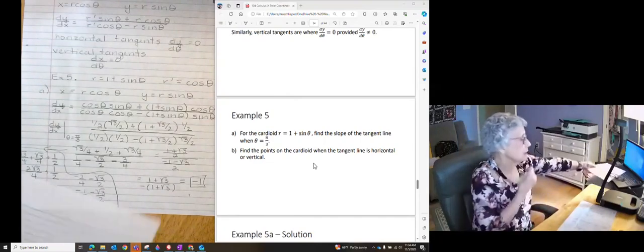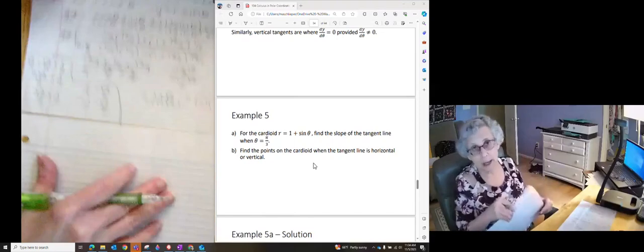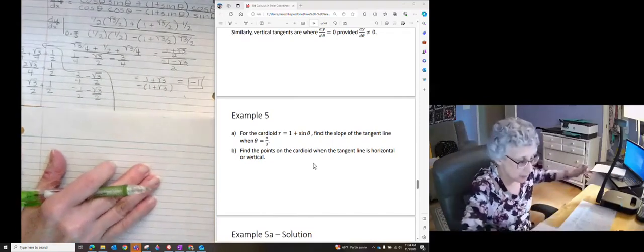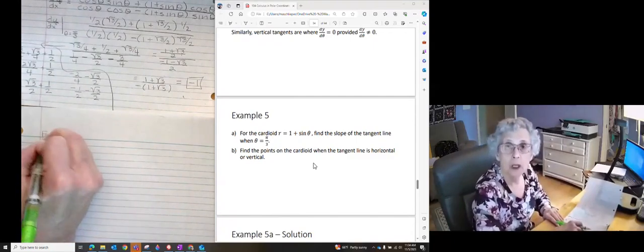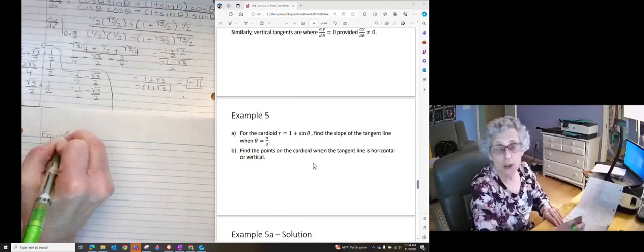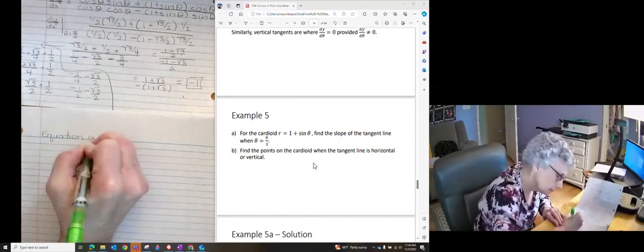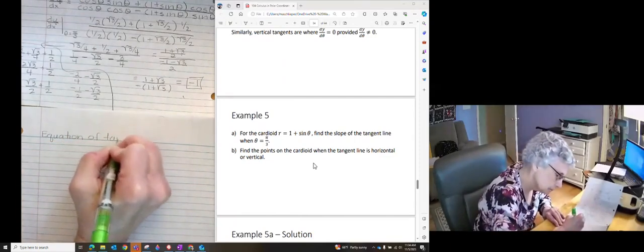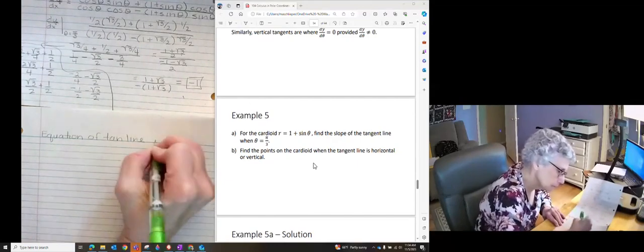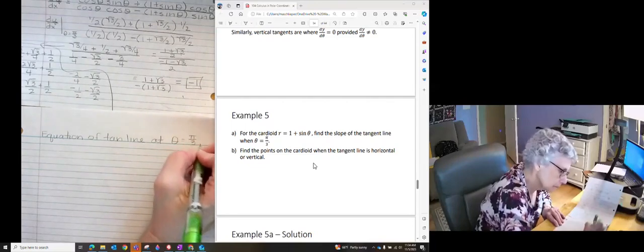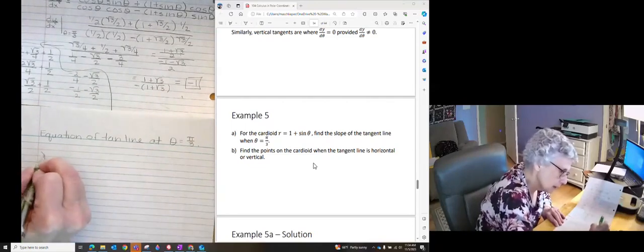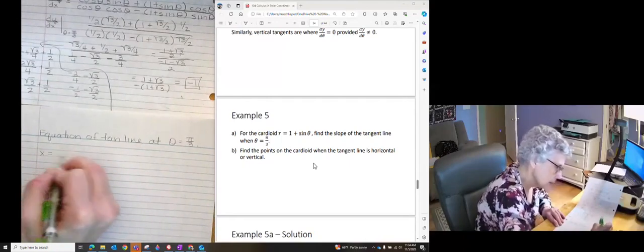Now, just because you might be asked to do this on a WebAssign or perhaps a test, what if you needed the equation of the tangent line at theta equals pi over 3?